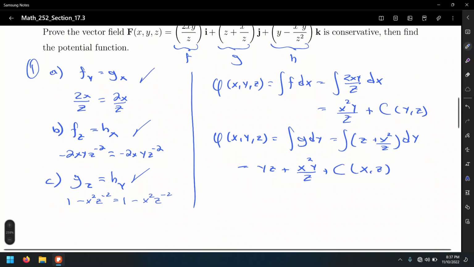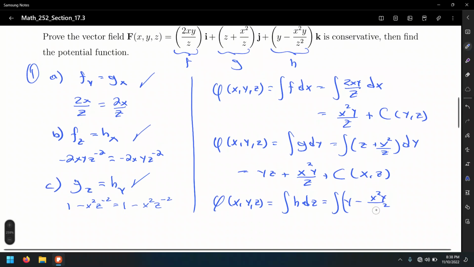All right. And for the third instance, phi of x, y, z, that's the integral of h dz, and that's the integral of y minus x squared y over z squared. Okay, so this one we need in this format, right?